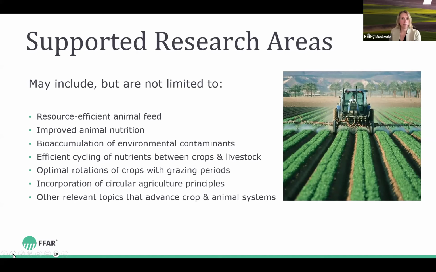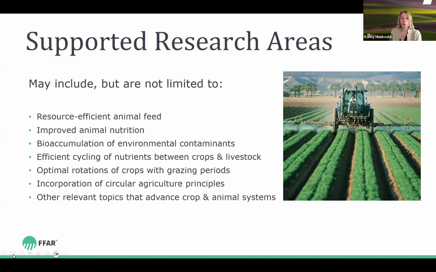So we did list some categories that we thought could help get the ideas flowing, and those included resource-efficient animal feed, improved animal nutrition, bioaccumulation of environmental contaminants and how they flow through our crop and animal systems, and ultimately can end up in the human food supply, efficient cycling of nutrients between crops and livestock, as well as optimization of rotations of crops and grazing systems.